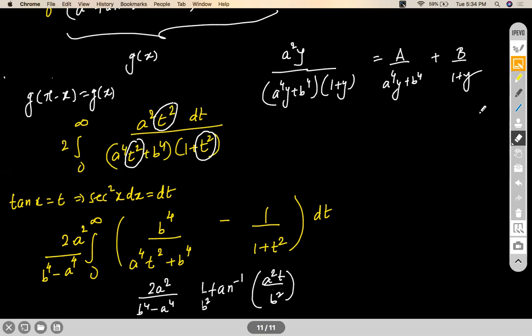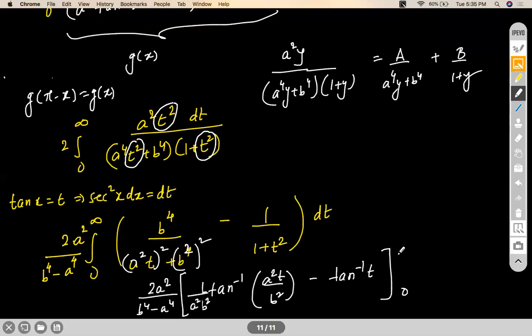I'll write it neatly. You understood why I have to divide by a square? Because this term is actually a square t whole square, isn't it? And this is b square whole square. So 1 by b square tan inverse of this by b square, and divided by a square, because the coefficient of t is a square. This is also tan inverse t.